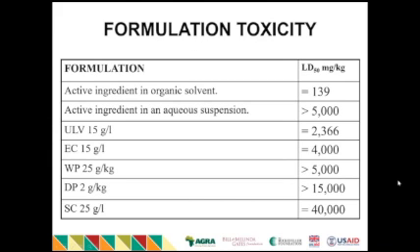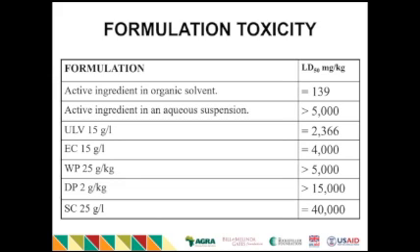As an example of the difference one can see between active ingredient and formulation toxicity, this is just an example of an active ingredient whose LD50 is 139 milligrams per kilogram. Once one formulates it into different formulations, like an ultra low volume, emulsifiable concentrate, and the others listed there, the LD50 of that formulation itself changes drastically.